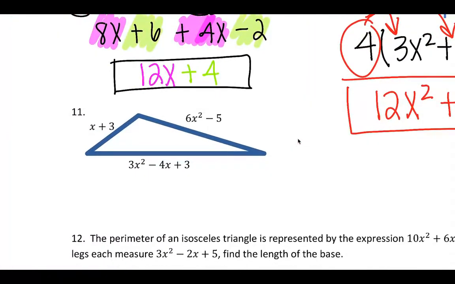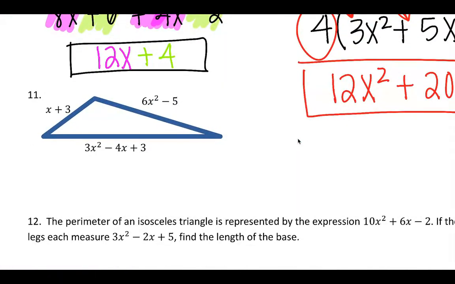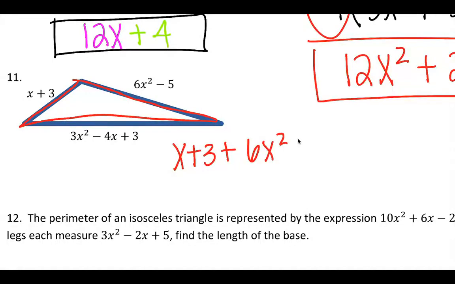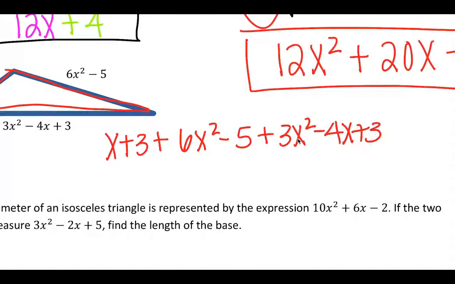Okay, 2 more. Then I've got this guy again, finding the perimeter. This one I'm adding all the sides up. These are all different, so I need to sit here and say x plus 3 plus 6x squared minus 5 plus 3x squared minus 4x plus 3.